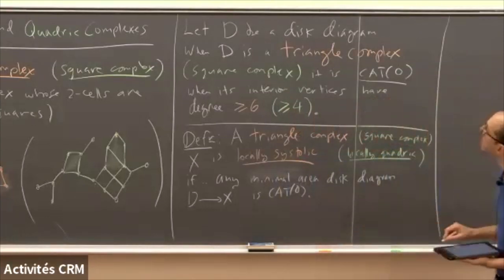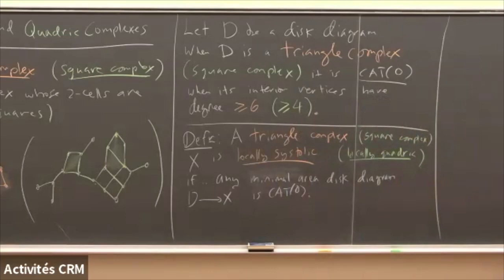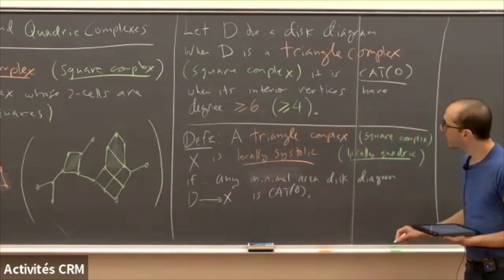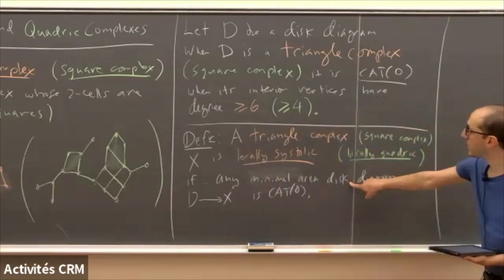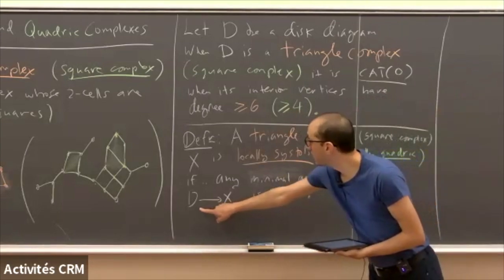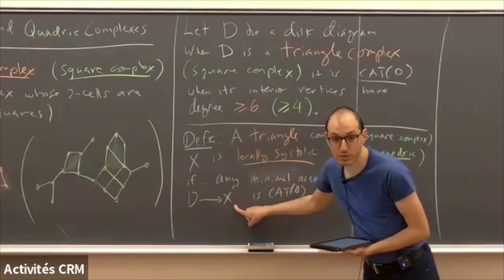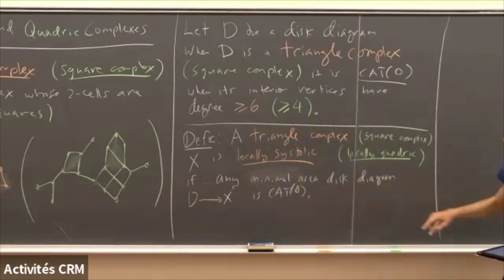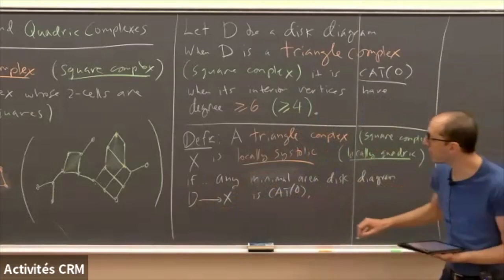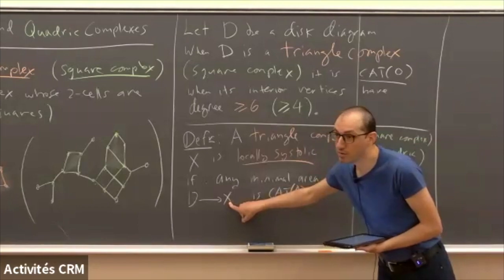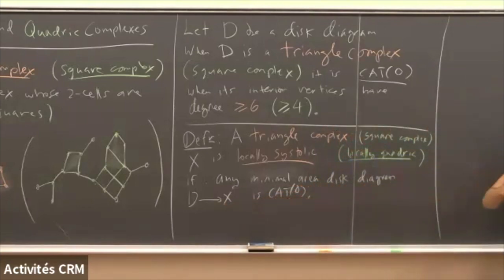Okay, and we'll see that this is actually a local definition in a moment by giving an equivalent characterization. So this diagram is a combinatorial map from this diagram into X. So this diagram in X. And this minimal area, if it has the least number of 2 cells among all disk diagrams for the same boundary cycle.